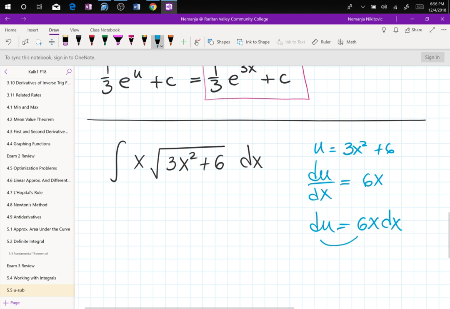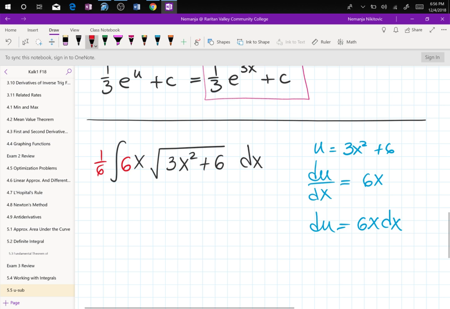We can fix it by dividing over here by 6. That's a way to have du over 6. Or, my favorite way, fixing the integral. What do I need? I need 6x dx. Yeah, just put the 6 in. There you go. Now it's 6x dx. And then you balance it out with this one in front.